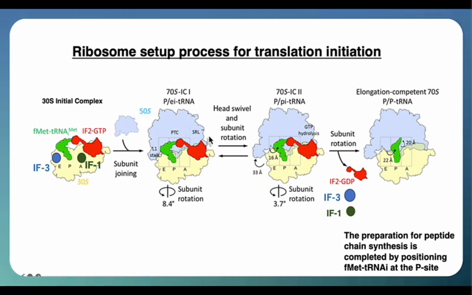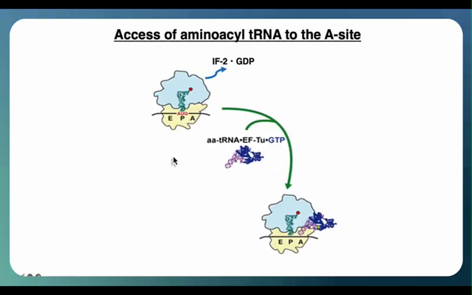Then, the large subunit is brought in. IF-1, IF-2, and IF-3, used for setting up the translation initiation complex, dissociate from the ribosome.